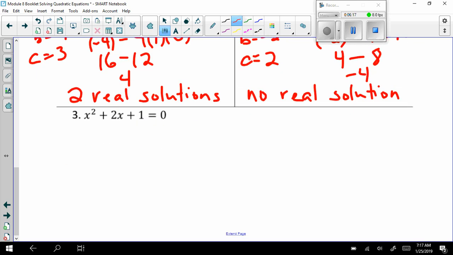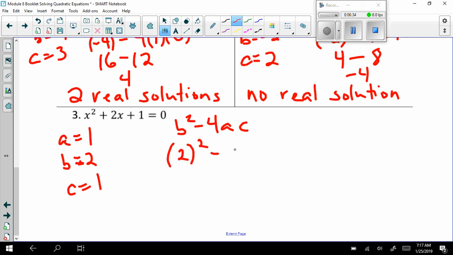Again, picking my a, b, and c, and then doing my b squared minus 4ac. I'm going to replace the b with 2, the a with 1, the c with 1. Doing my order of operations, 2 squared is 4, minus 4 times 1 times 1 is 4. So I get 0.